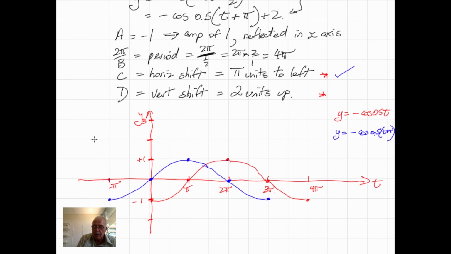Let's get my purple going. So this is going to be my equilibrium line. It has moved 2 units up the y-axis. And it still has an amplitude of 1, so it's going to oscillate between +3 and +1.